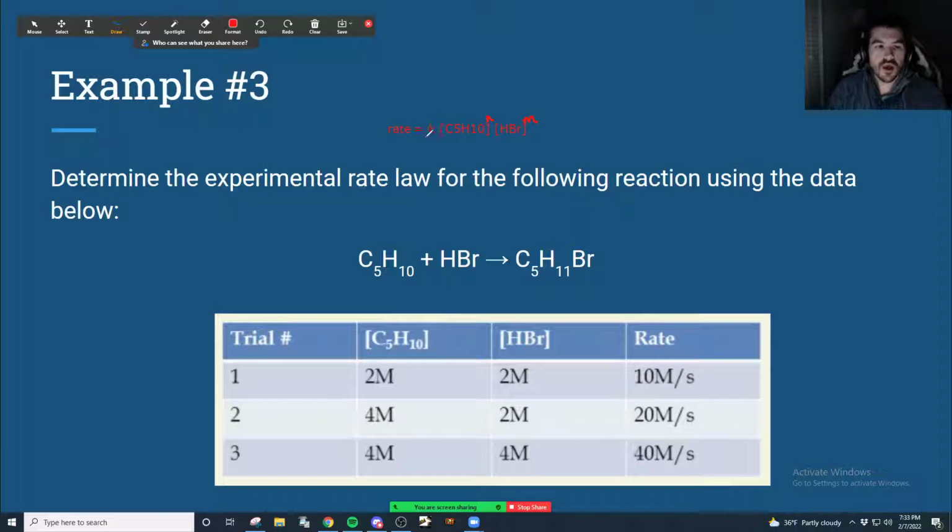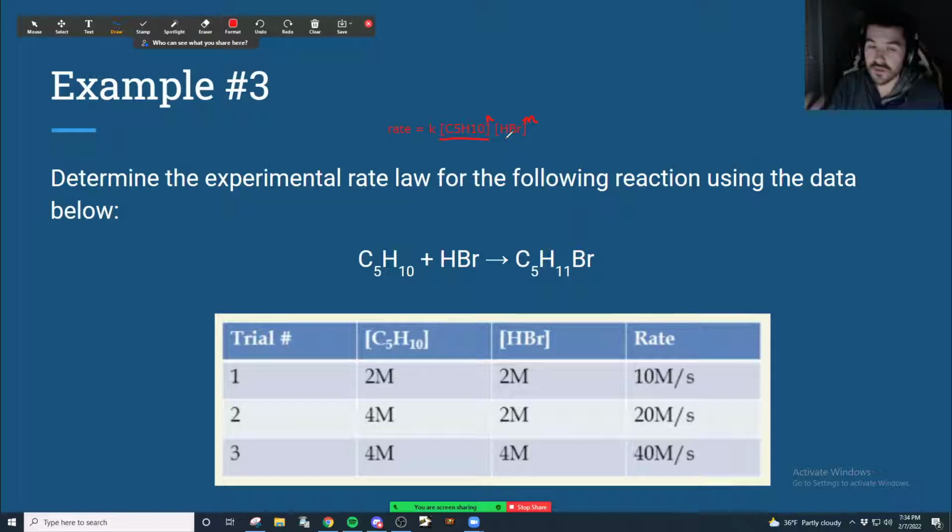So the first thing, let's see if we can figure out N. What we're trying to figure out is the order of the reaction with respect to this reactant, C5H10. We are trying to determine, does changing the concentration of C5H10 influence the rate of the reaction?